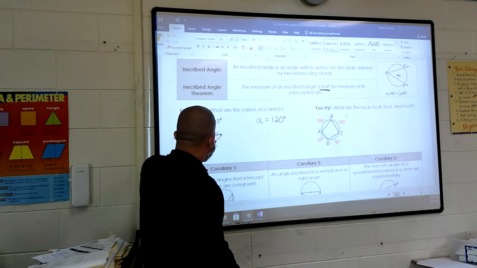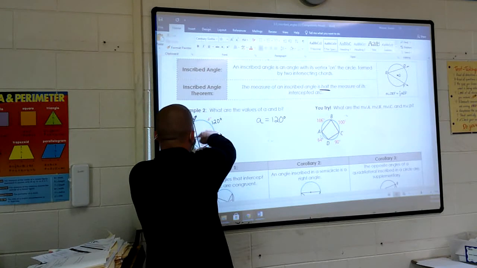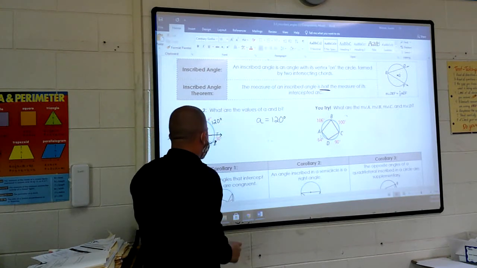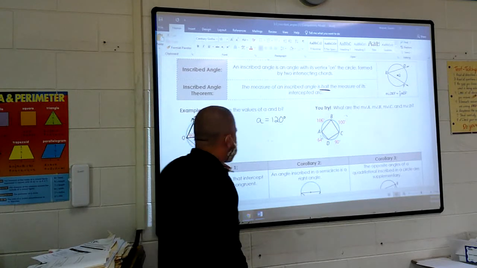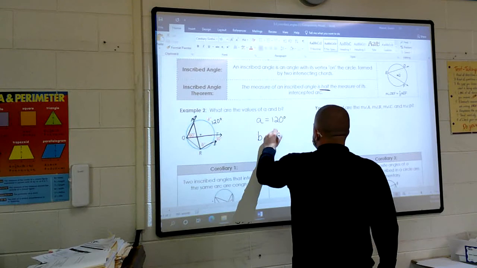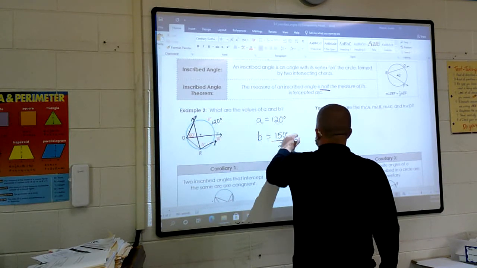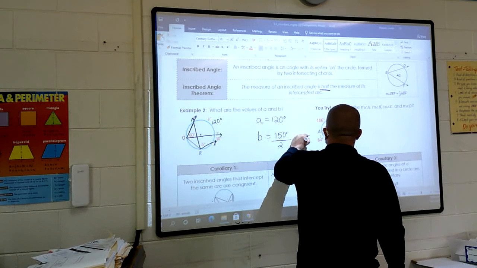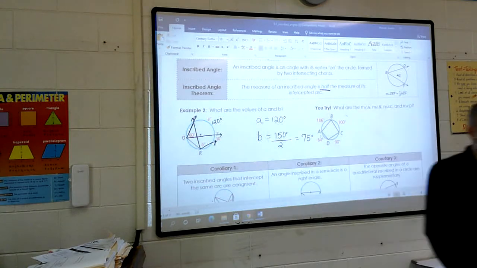Here's angle B, from here to here. So how big is the arc for angle B? 150. So for B, it has to be half of the intercepted arc. So 150 degrees divided by 2 means that angle B is 75 degrees.